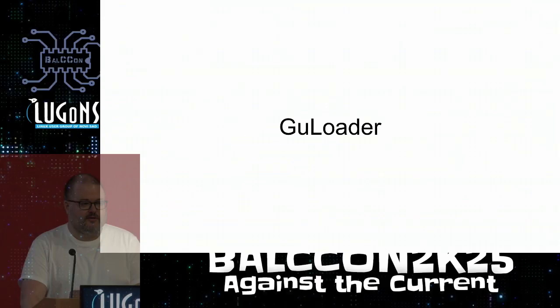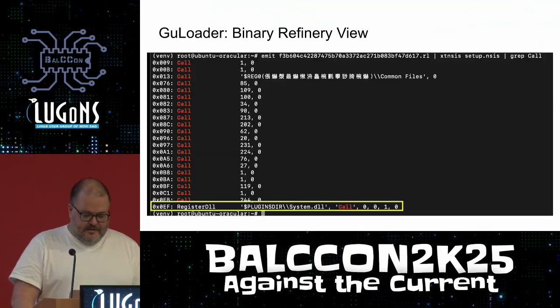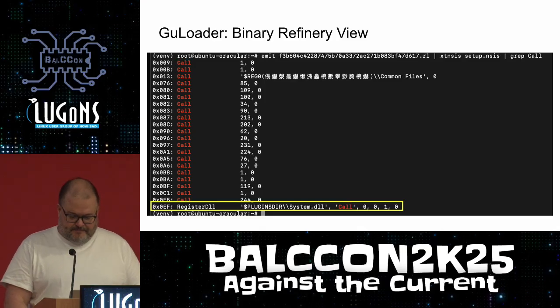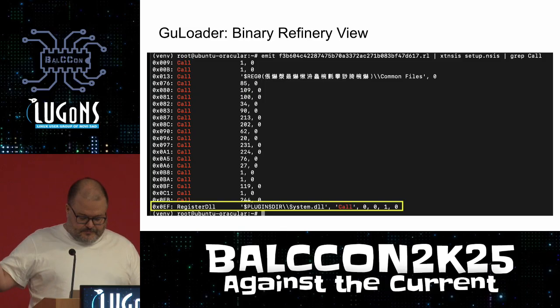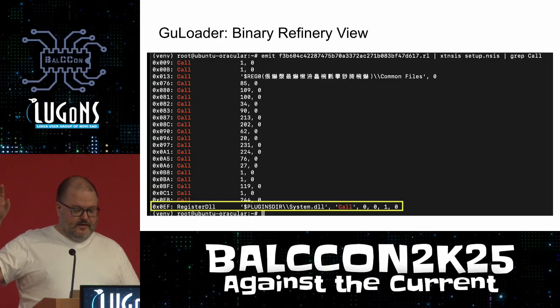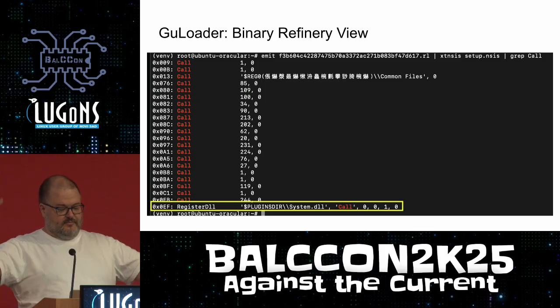Now let's take a look at GULoader. So this is my favorite. This is my long-term enemy. So this is an example of one of the ways that they abuse NSIS installer scripts. And basically, they're juggling data from different files.